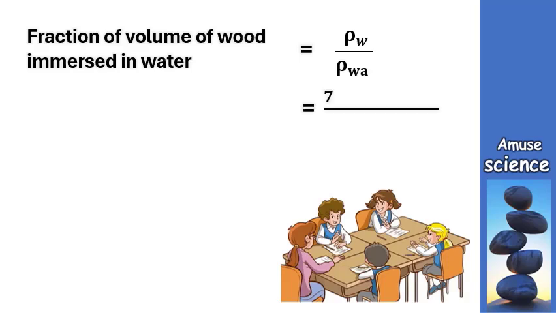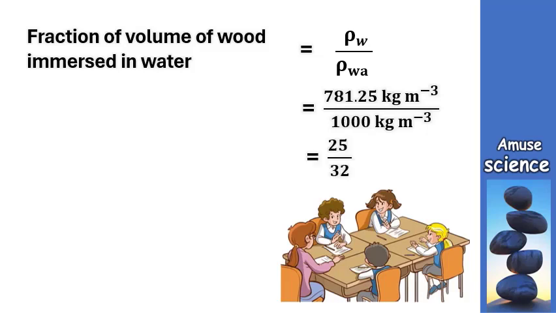We are going to get 781.25 kilograms per meter cube divided by 1000 kilograms per meter cube. And when we write this as a fraction, our answer is going to be 25/32. So this is the fraction of the wood submerged in the water.